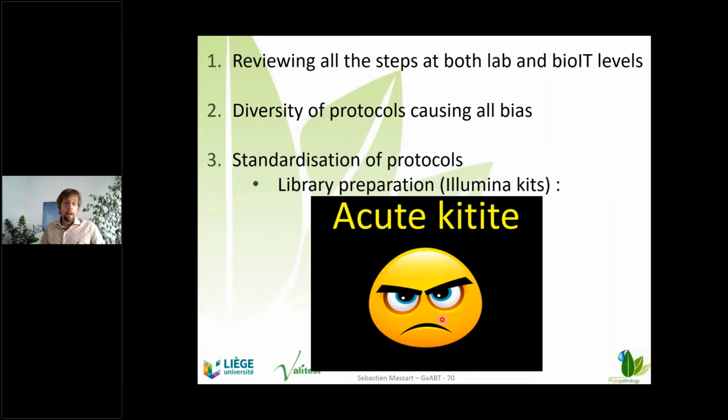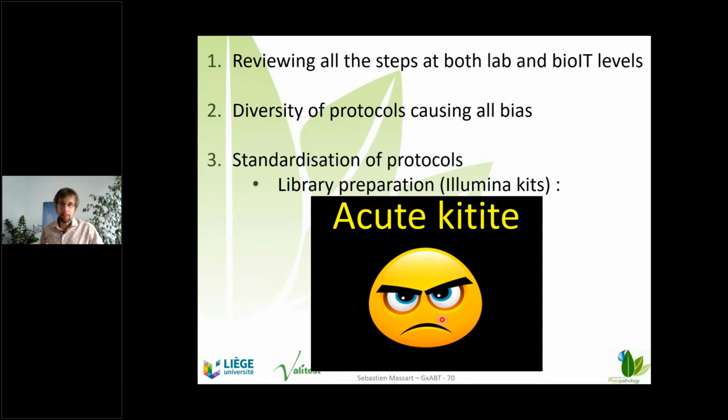The standardization of protocols: progressively, we'll have more and more standard, recommended protocols, and you will say, okay, I will follow it. The library preparation will also become easier and easier, or sometimes you will outsource it. I warn you about acute kititis.